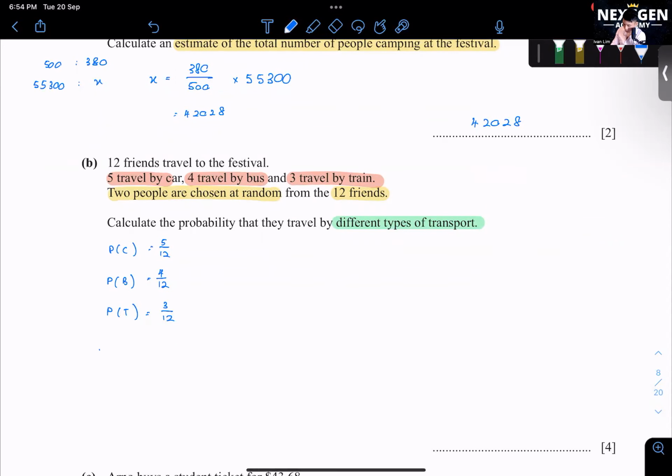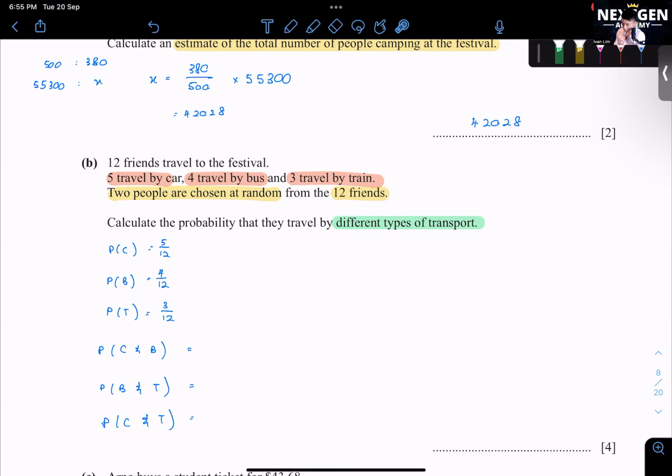Let's say I want probability of car and bus, I can find probability of bus and train, and I can find probability of car and train. So you need to think about the different types of combination: car and bus, bus and train, car and train. Any other combination?